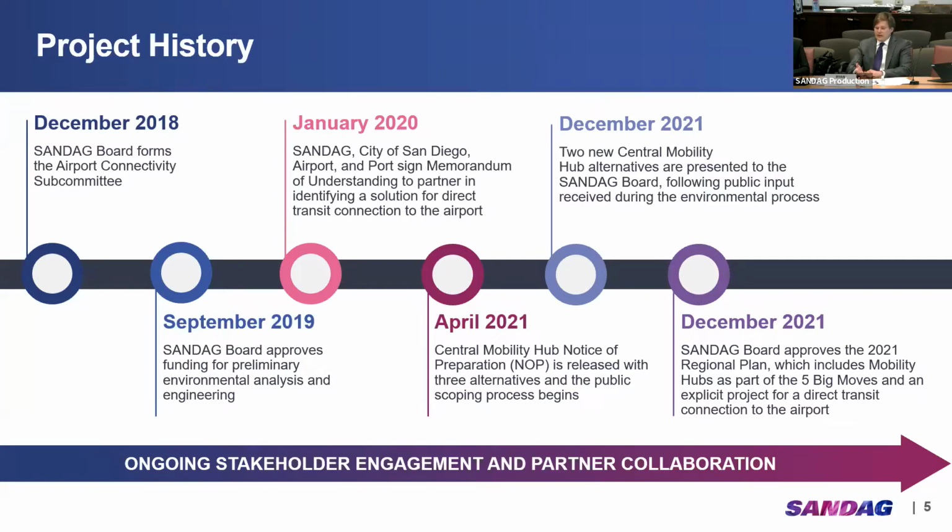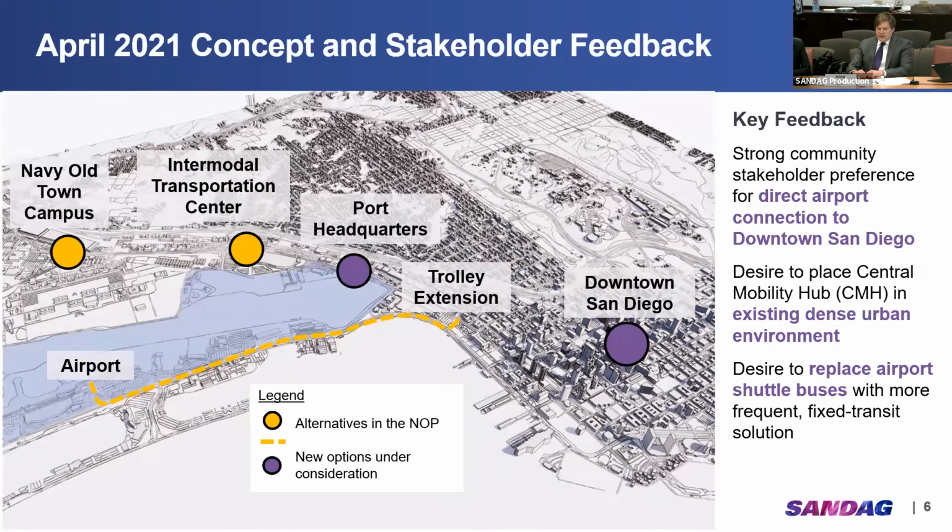As required by CEQA, SANDAG staff began studying these suggestions to see if they were viable, more or less impactful than the alternatives that we started with, and whether they better serve the objectives of the project as provided to us by the board. In December of 2021, staff presented an update to this board on the progress of the project.